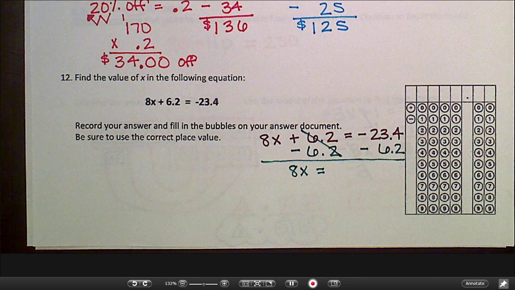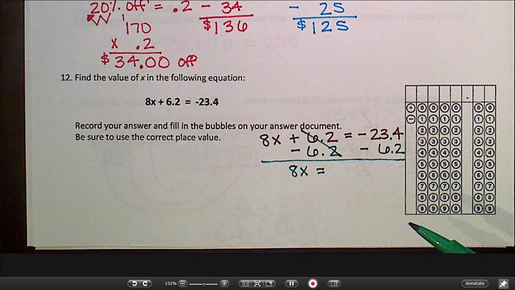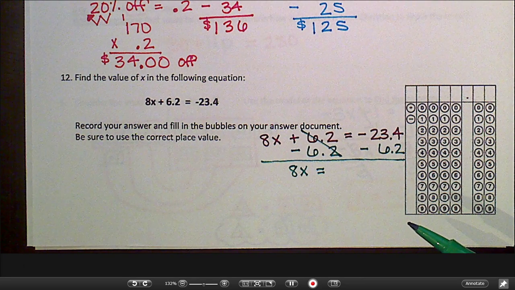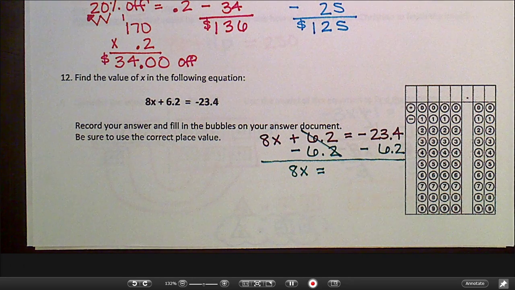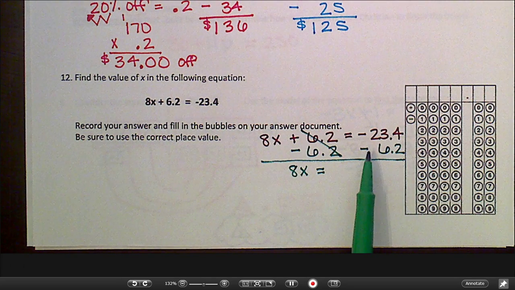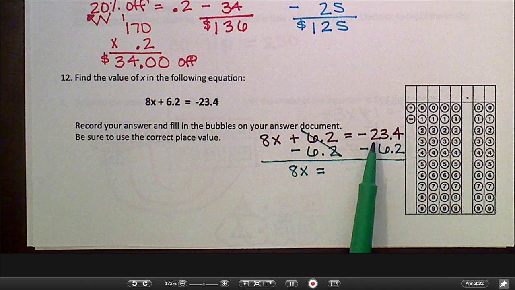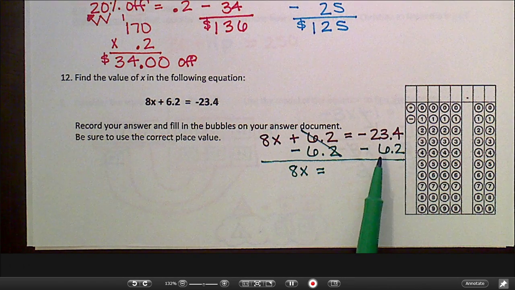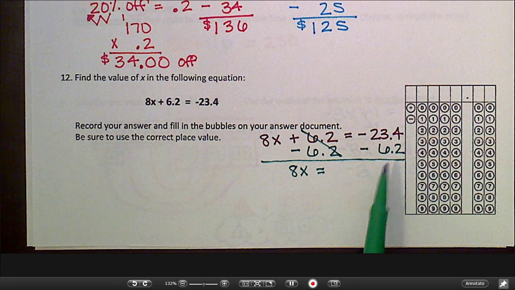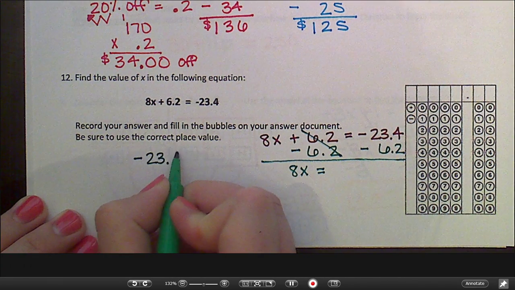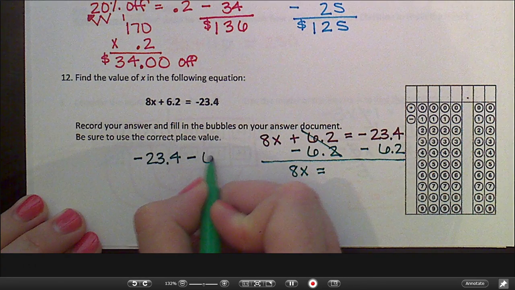Please, if you don't have your integer rules out, please open up your journal and look at that page. So this is basically saying negative 23 4/10 minus 6.2. I need to keep it, change it, change it. So negative 23.4 minus 6.2.